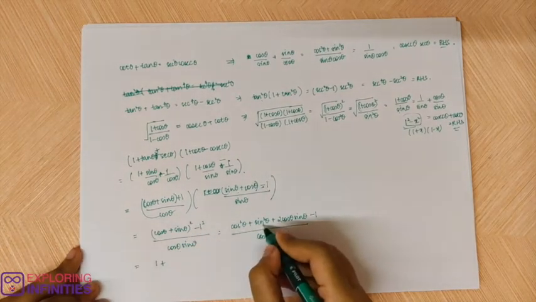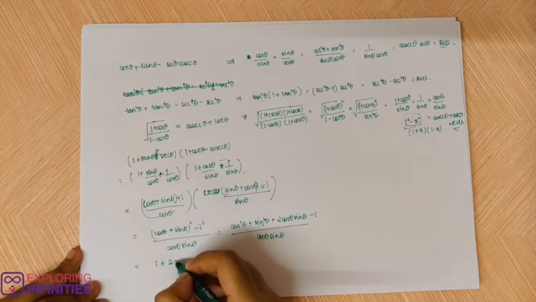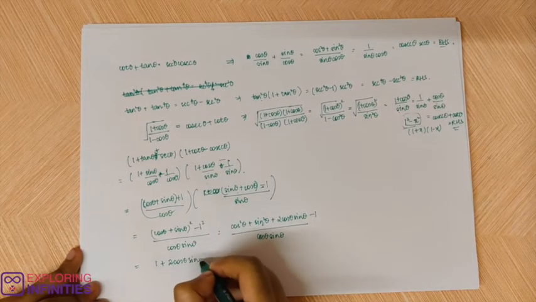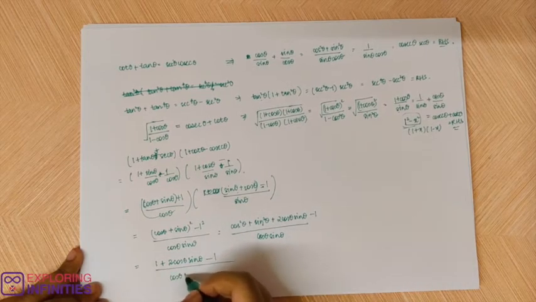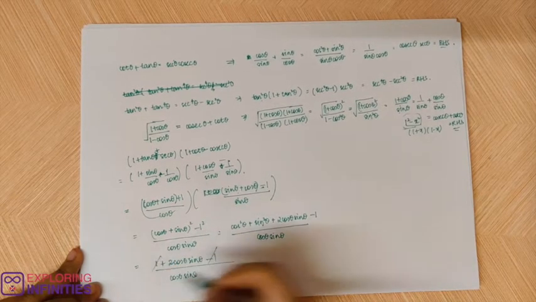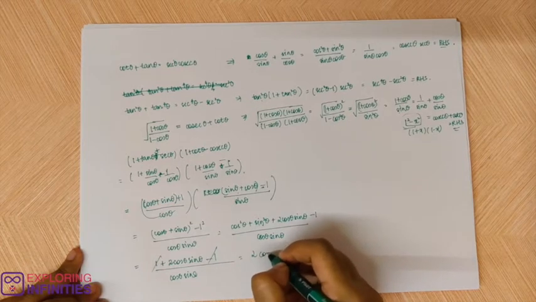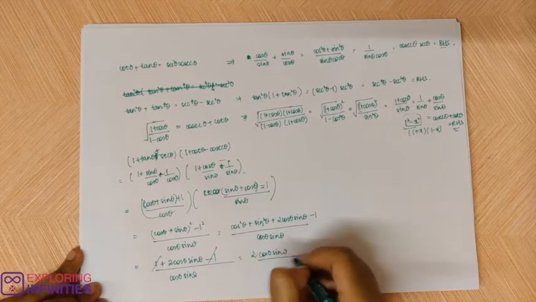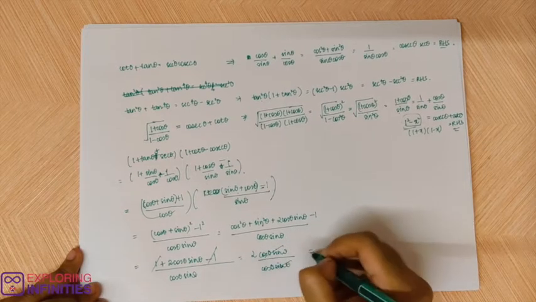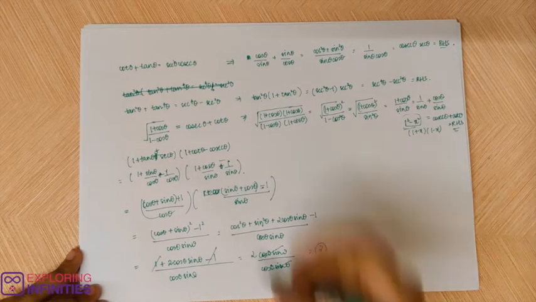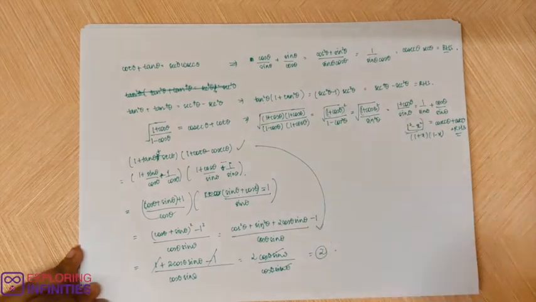Cos square theta plus sin square theta is 1. So that is 1 plus 2 cos theta sin theta minus 1 by cos theta sin theta. So these two will get cancelled. So it will be 2 cos theta sin theta by cos theta sin theta. So these will also be cancelled. So the value is 2.